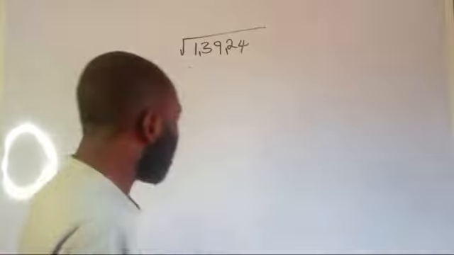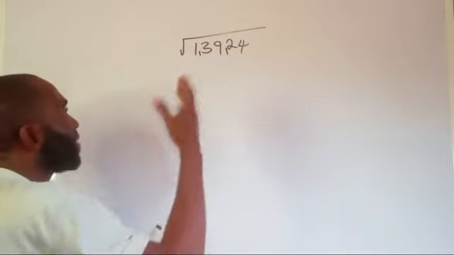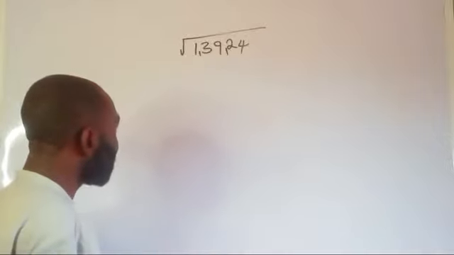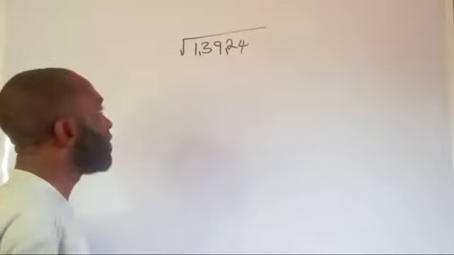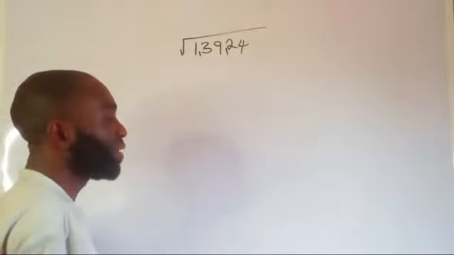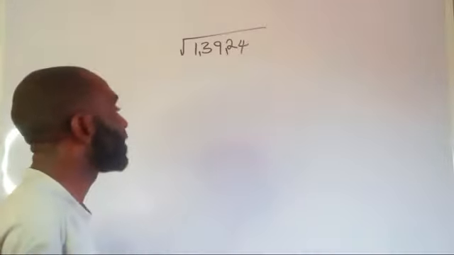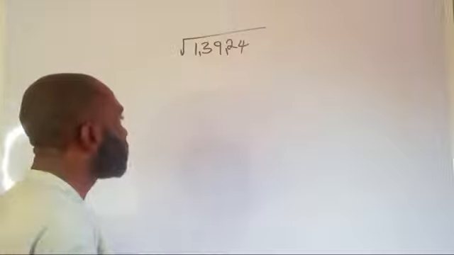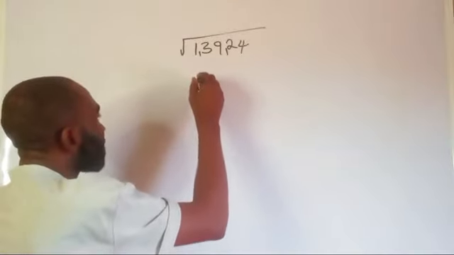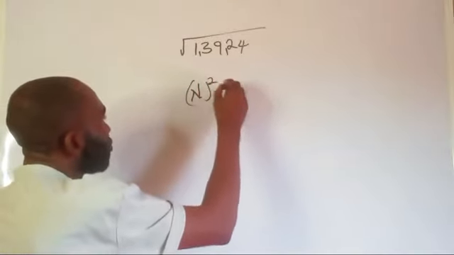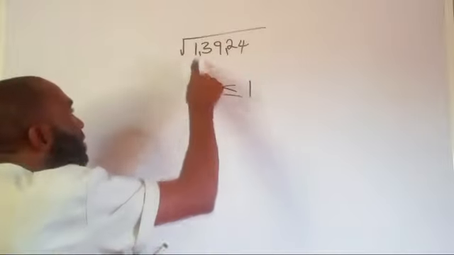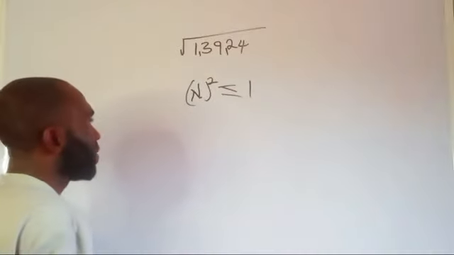Then after grouping it, for the first digit, think of what you square that will give you the first digit, that will be equal to the first digit or less than the first digit. That is, think of a possible number. When you square it, it should be less than or equal to 1, because that is the first group.